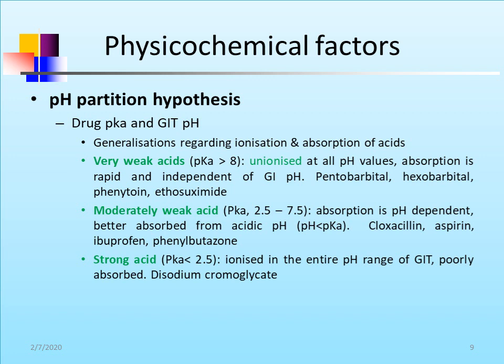In short, for very weak acids the absorption is pH independent. Strong acids are ionized over the entire pH range and poorly absorbed, while for moderately weak acids, absorption is pH dependent.